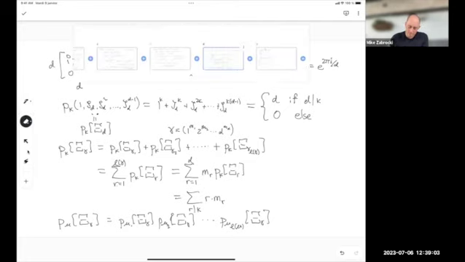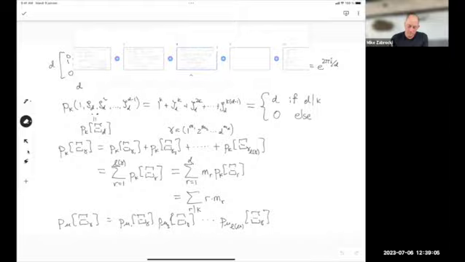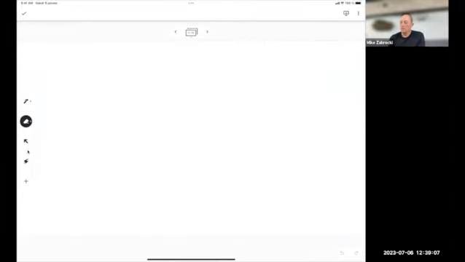Then I want to define the Frobenius map, not just on class functions, but on symmetric functions.